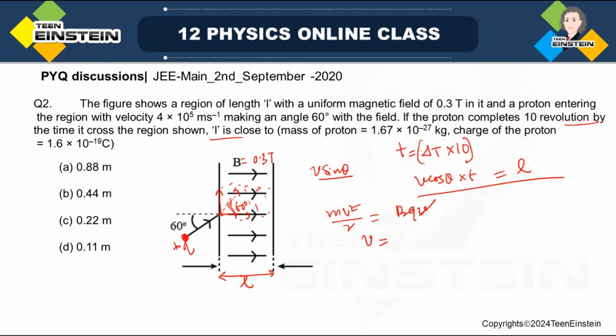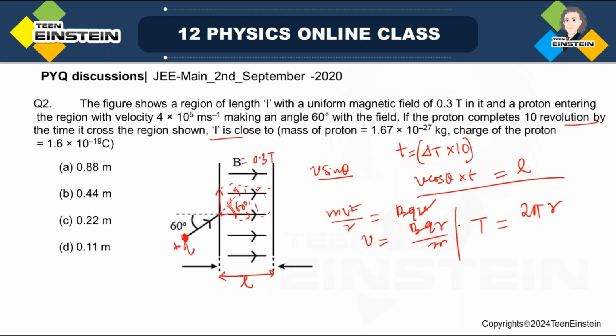So let us find out then V. V is BqR by m. This is the velocity. Now what is the time? I can write down 2 pi r, if r is the radius.